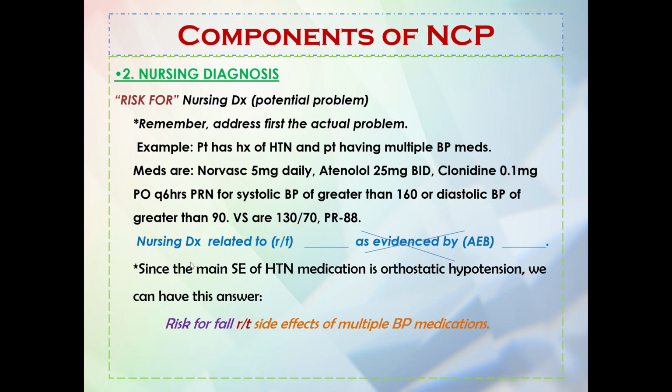So, ayun, the nursing diagnosis is risk for fall related to the side effects of multiple blood pressure medications. So this is an example of a risk for nursing diagnosis.